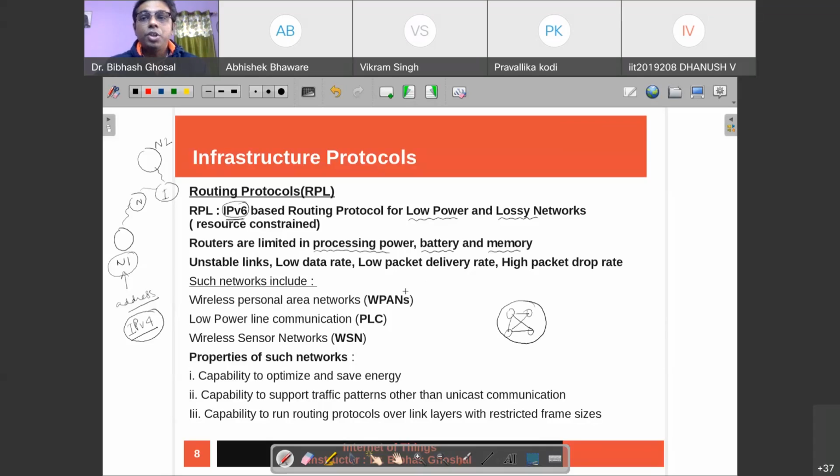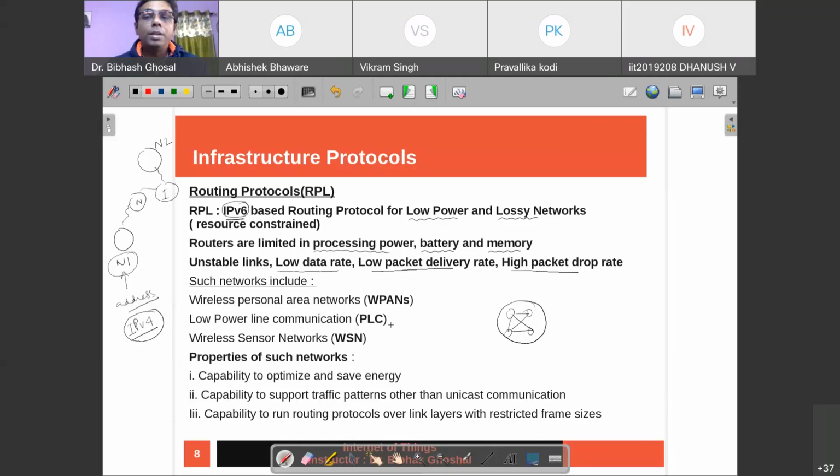So there is every chance that there can be a very low data rate. It can have a low packet delivery rate. Packets will be delivered with a high latency. You will have a high packet drop rate. Packets will be dropped in the process. So these are some of the problems that can happen. So your routing protocol should be robust enough to handle this problem.